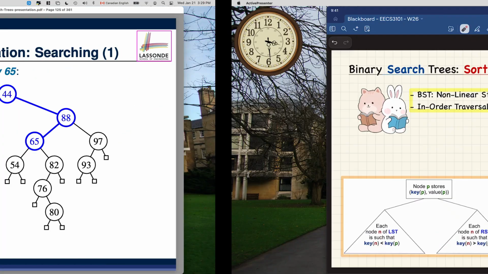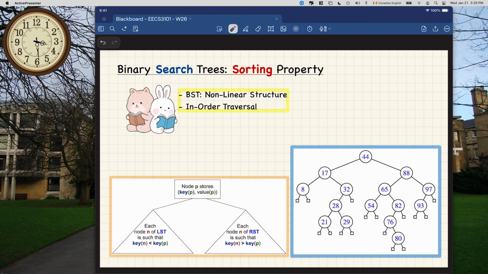Okay, let's now talk about binary search tree, sorting property. Let's review quickly about binary search tree, the definition, right? So given this root over here, and usually for every node in the binary search tree, we should really store the key and also the value, right? It's more like a pair, like an entry.